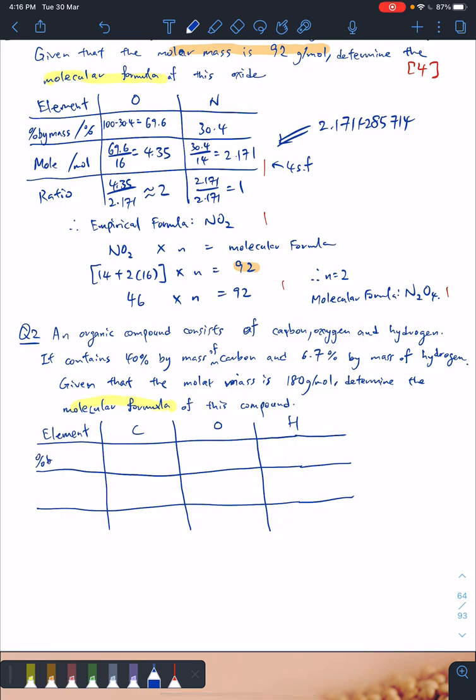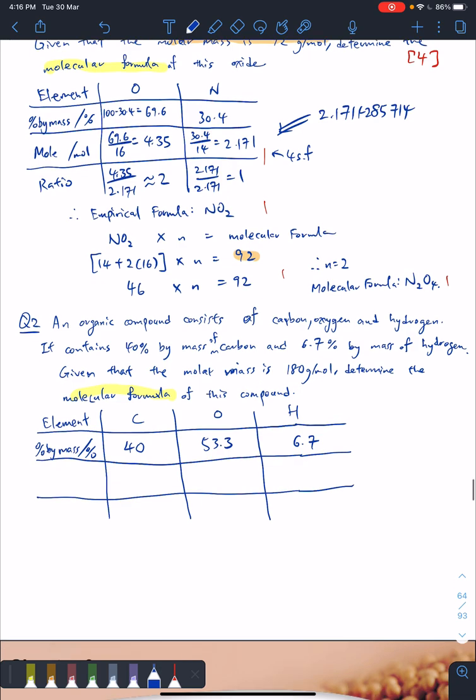Percentage by mass is 40%, 6.7%. 100 minus 40 minus 6.7 gives you 53.3%.